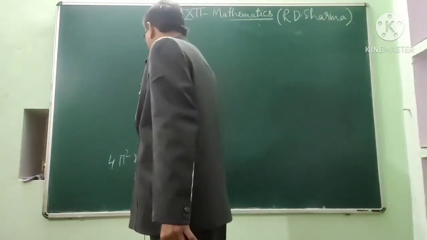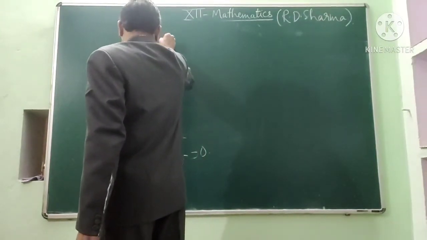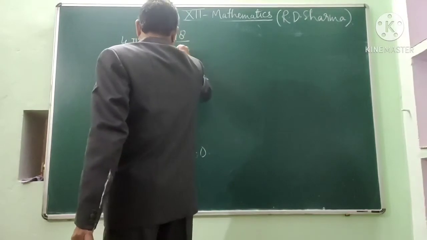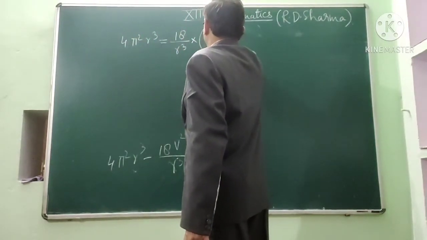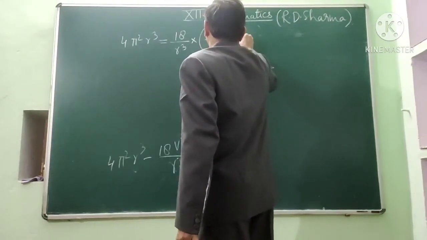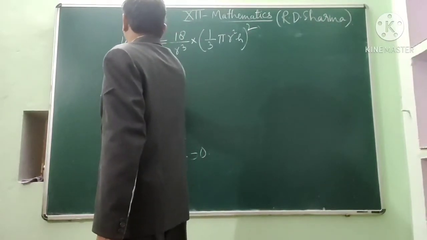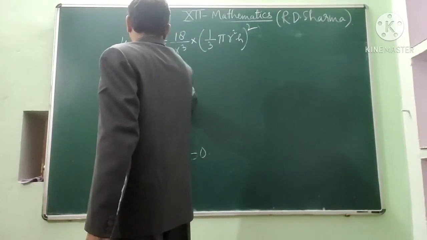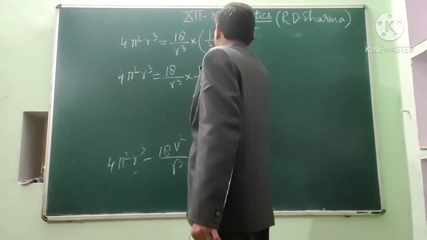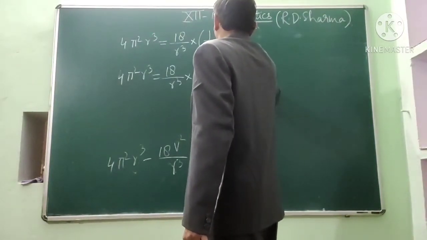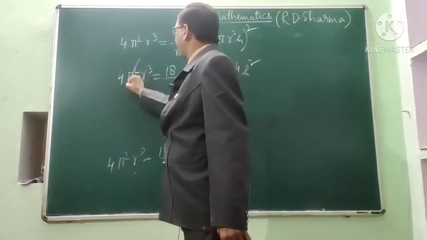So 4 pi square r cube equals 18 upon r cube into v square, where v is 1 upon 3 pi r square h, whole square. That is 4 pi square r cube equals 18 upon r cube into 1 upon 9 pi square r power 4 into h square.